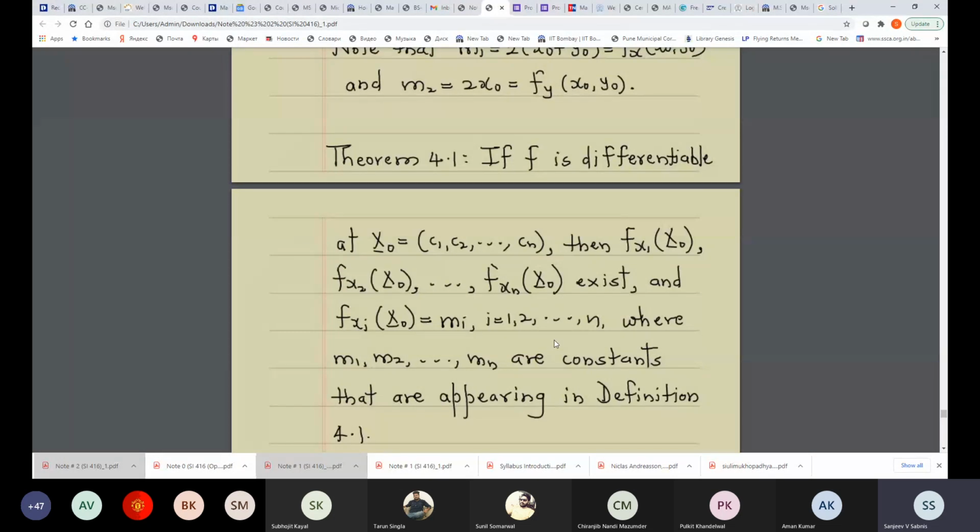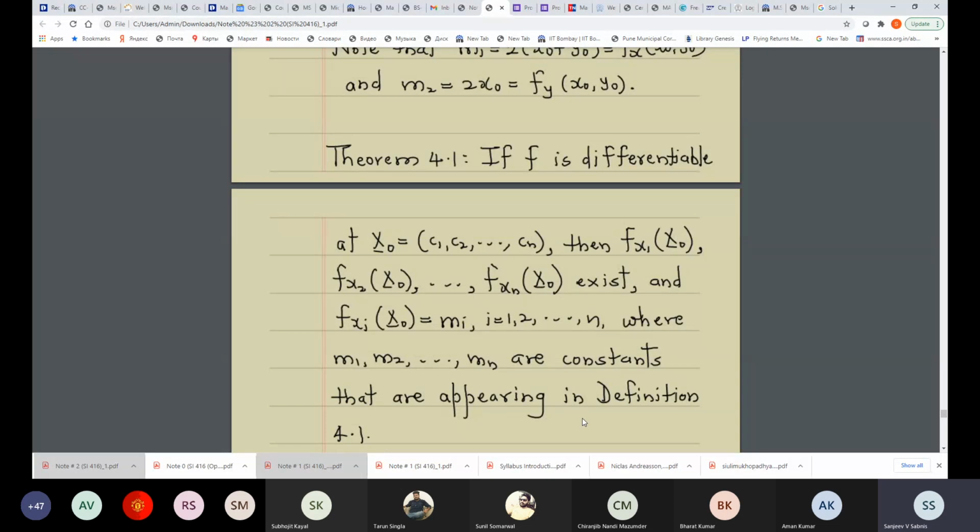Now if the function f is differentiable at this point x0, which is an interior point of the domain of f, then the partial derivatives of f with respect to x1, x2, and so on up to xn, evaluated at x0, all exist. These are the first order partial derivatives, and the ith partial derivative of f with respect to xi at x0 is equal to mi, for i equal to 1 to n, where m1, m2, mn are the constants appearing in Definition 4.1.